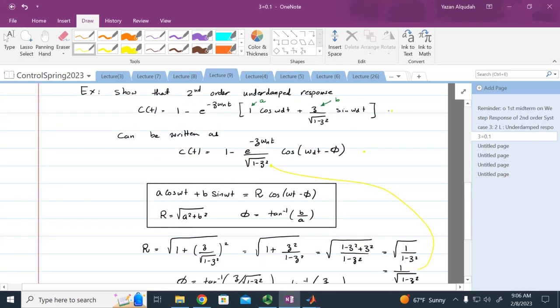Both of these are identical. Okay. Any questions?